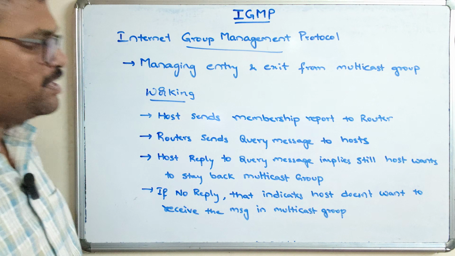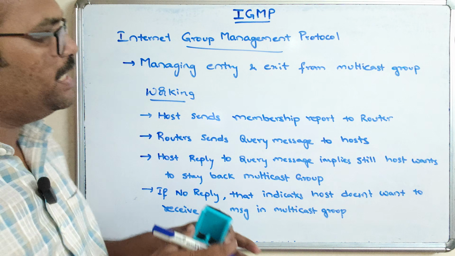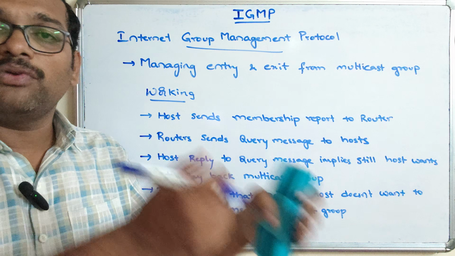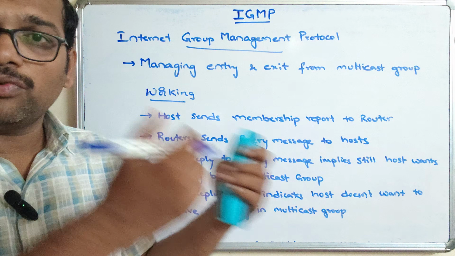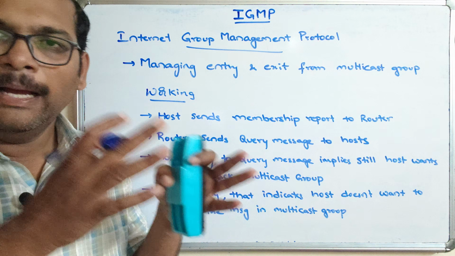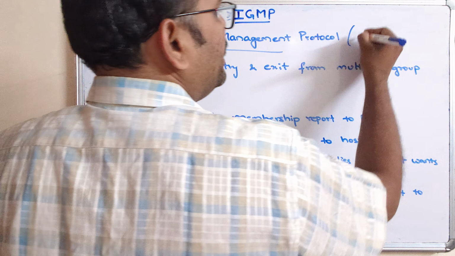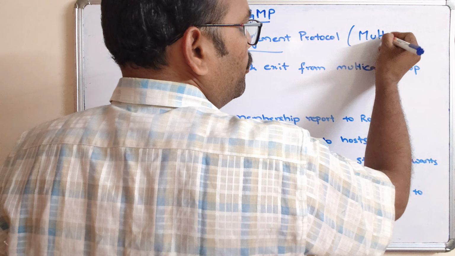The main functionality of IGMP is to manage the hosts which want to receive the data, which want to add or leave the multicast group. So mainly this protocol is used for multicast communication.